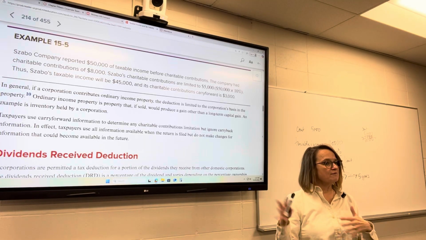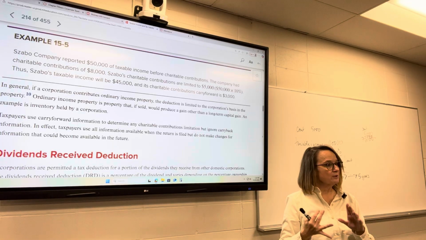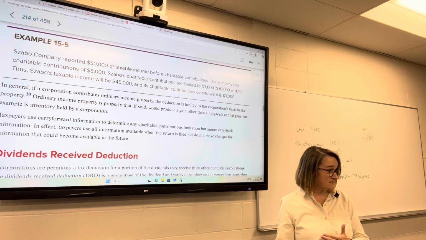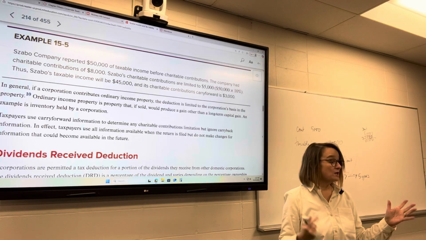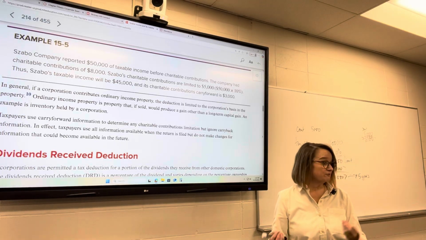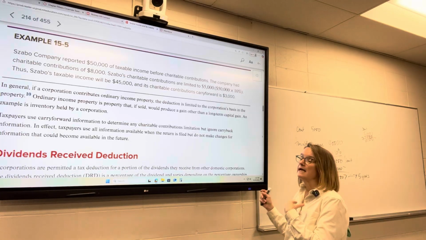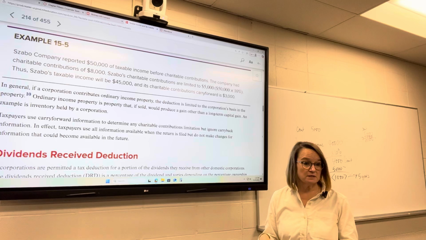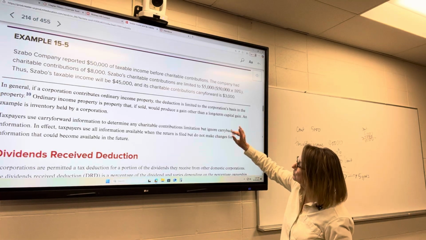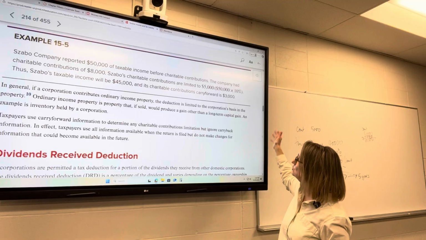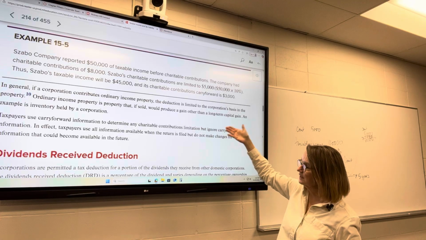Normally, you get a deduction for the fair market value, but for ordinary income property, you get a deduction for the basis in that property, so what you paid for it. This is property that, if it was sold, would produce a gain other than a long-term capital gain.